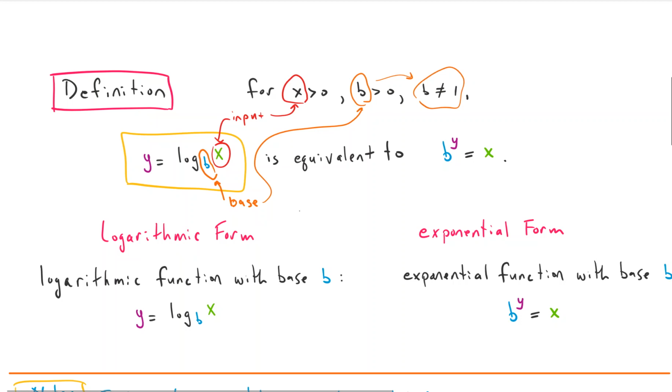And then, finally, we have an output of the logarithmic function. And the cool thing about the output is the output of a logarithmic function actually is an exponent. So logarithms are just really exponents. The output, the result of a logarithmic function is just an exponent. So we have 2 forms here.